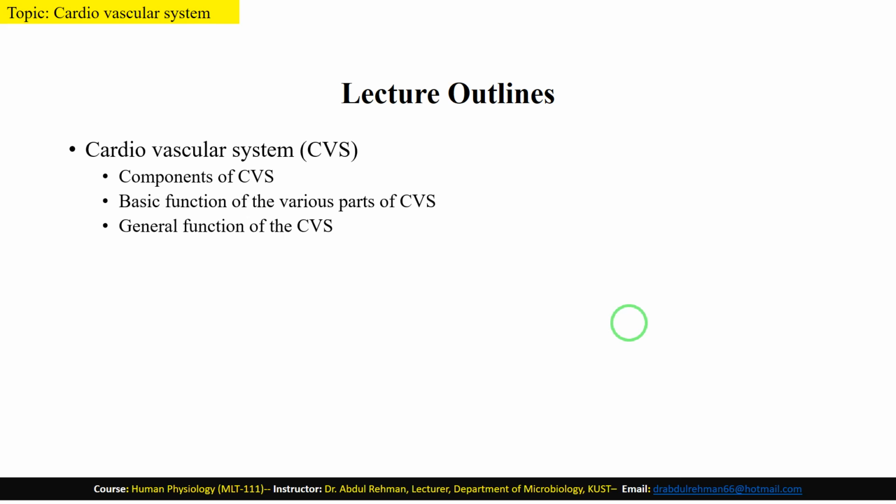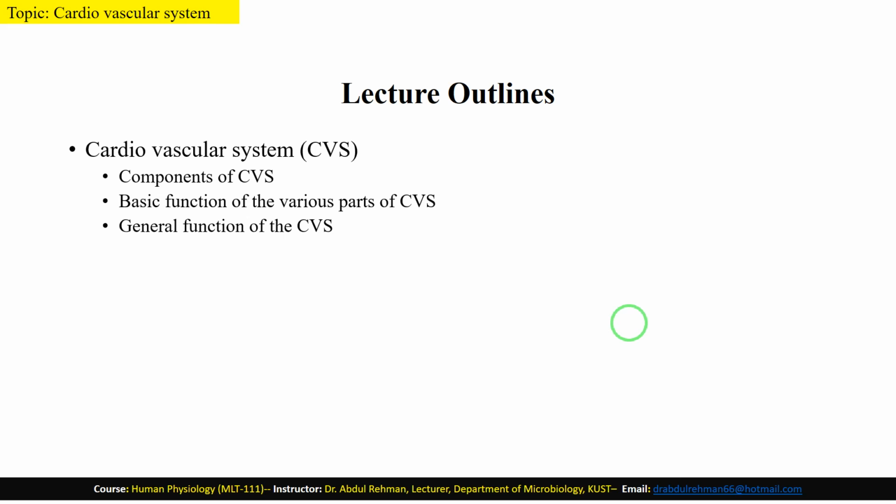The basic function of the cardiovascular system is transportation, and transportation of what? Blood and nutrients, and removing metabolic waste from the body. And then at the end we will discuss the general function of the cardiovascular system, that is to maintain homeostasis within the body, which is a protective mechanism.